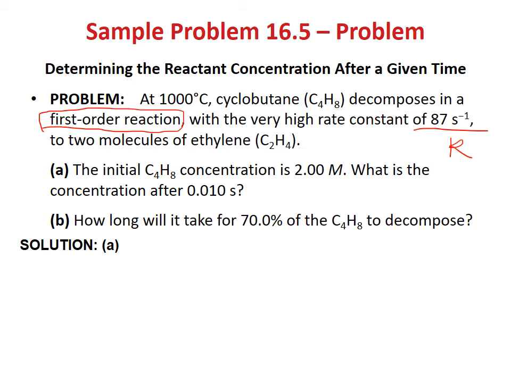The question is, A, the initial concentration is 2 molar, so this is A naught, the initial concentration. What is the concentration after 0.01 second? It asks you for the concentration at a certain time, T. T is 0.01.